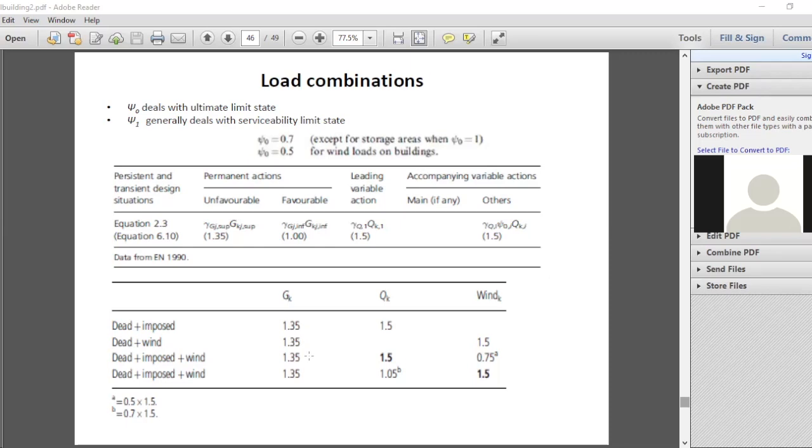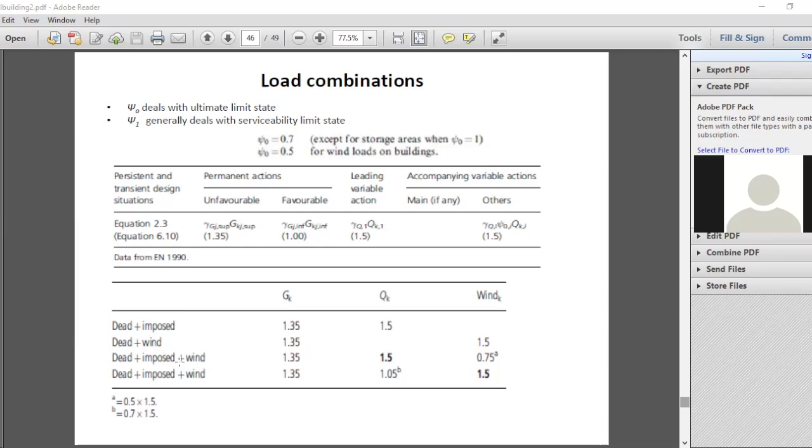But the building is now almost there, no imposed load, and you can have a cyclone on a day like that. To take account of that, you have the dead and wind case, where wind is the leading variable. But when you are combining dead, imposed and wind, you have to select which one is leading.